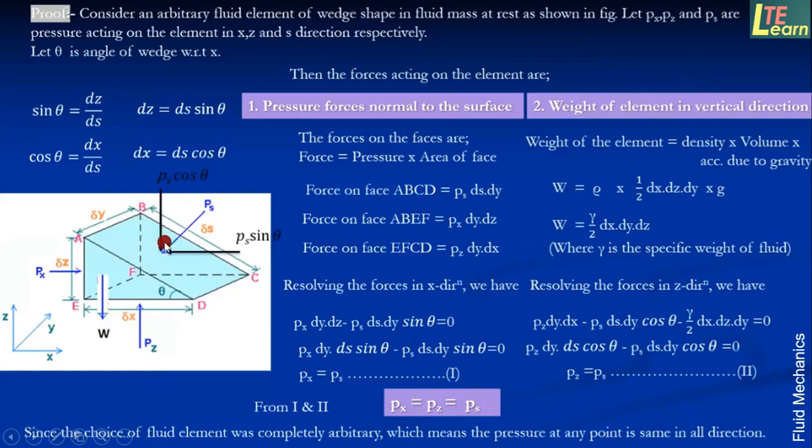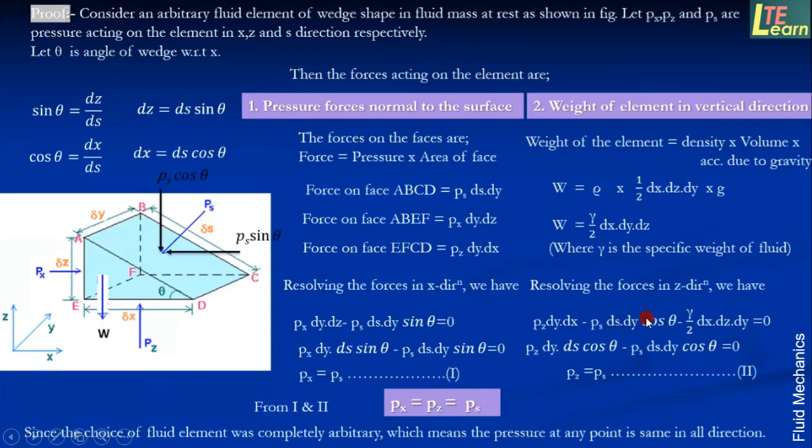This area ABCD plane, means dy ds. So again it is acting in downward direction, that's why sign will be minus. So this force will be minus ps ds dy cos theta.